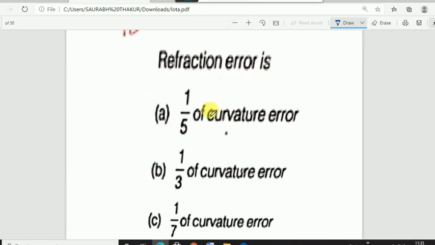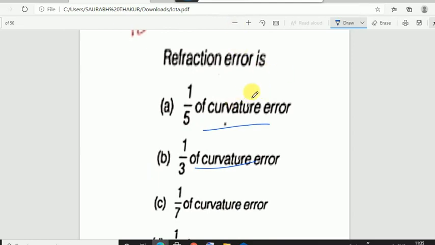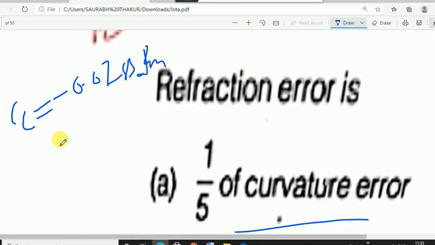Refraction error is 1/7 of curvature error. Actually, if you remember the formula, then you can answer this question. Curvature correction CC is equal to minus 0.0785 d square meter, with d in kilometer. That is the curvature correction.